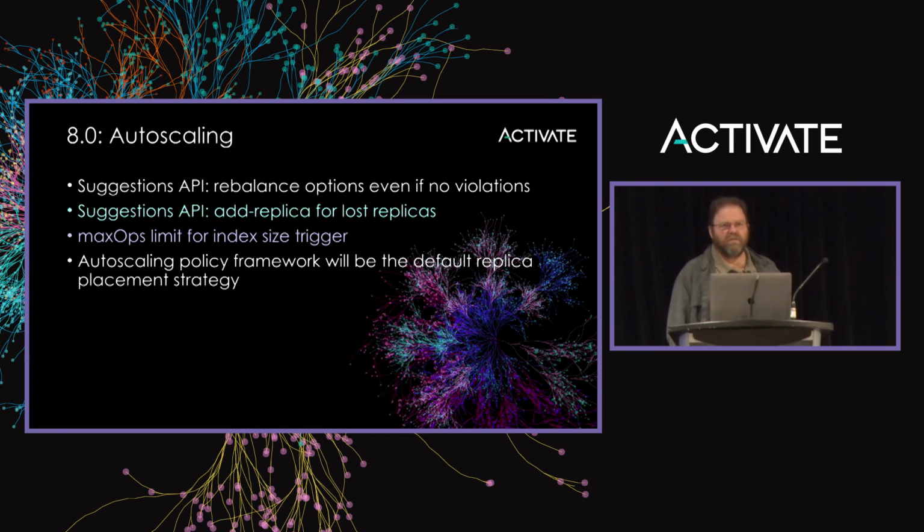You could use this if, for example, you know that the system is moving in a direction that eventually will be violations, but it's not perfect yet. Also, the suggestions API added suggestions for adding a replica for when in the condition of a replica being lost.